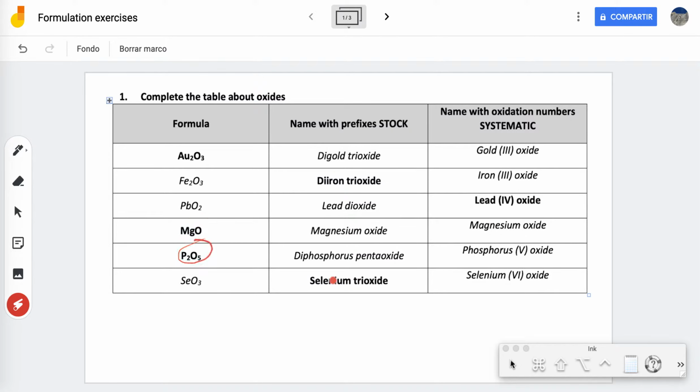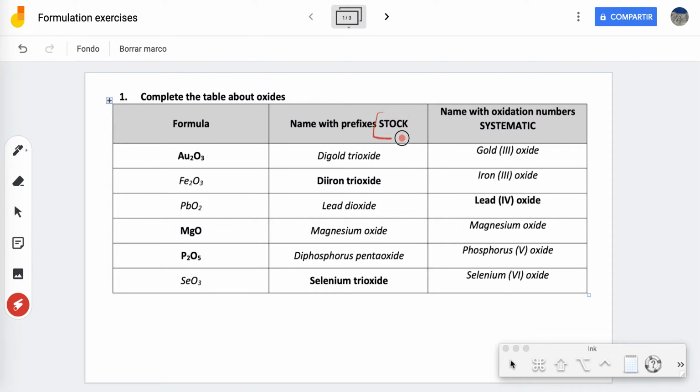This is what you had in the exercise, and then in italics we have these answers. So in the first exercise we have oxygen and gold.